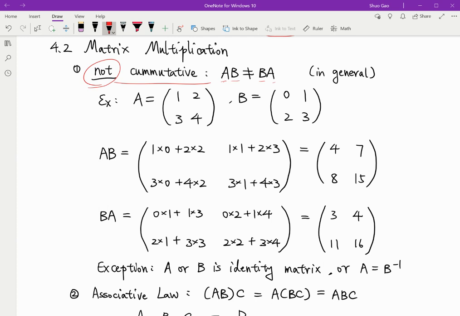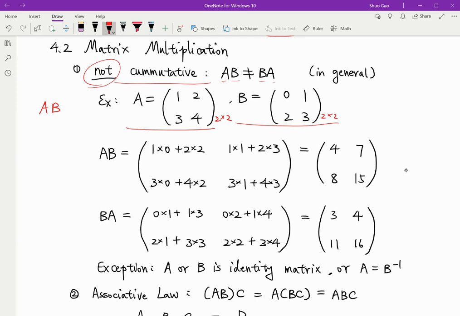So for example, we have two matrices here, matrix A and matrix B, and both of them are 2 by 2 matrices, 2 by 2 dimension, right? So they are square matrices. When we talk about the matrix multiplication, we can see that A times B is able to be calculated, right?